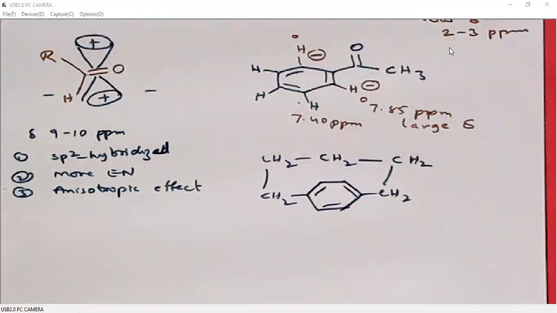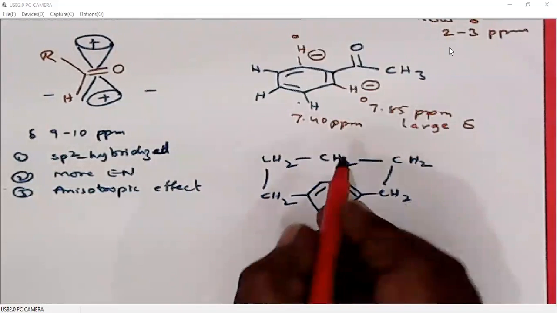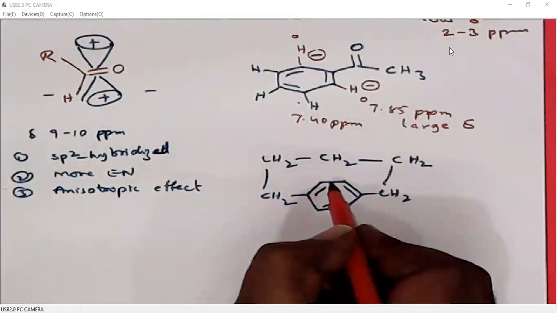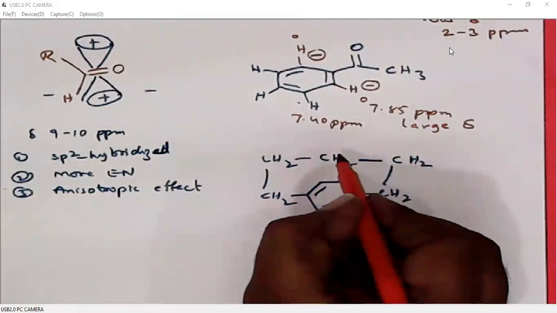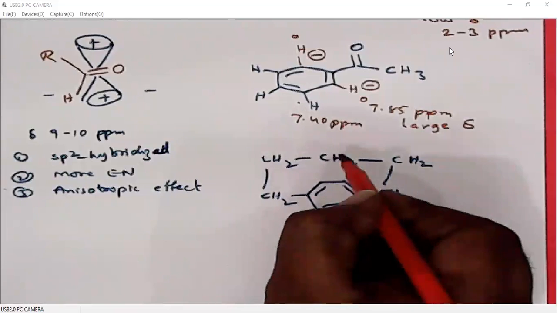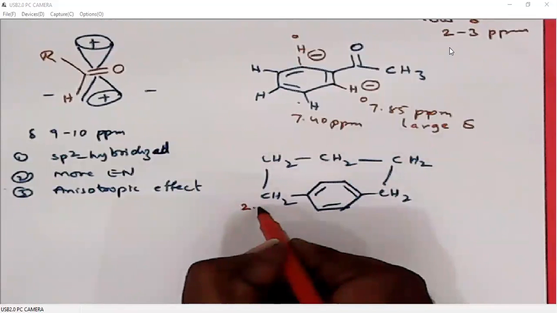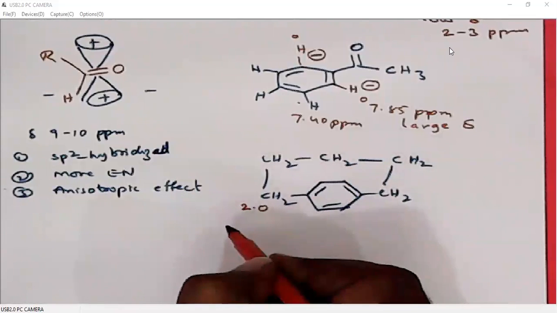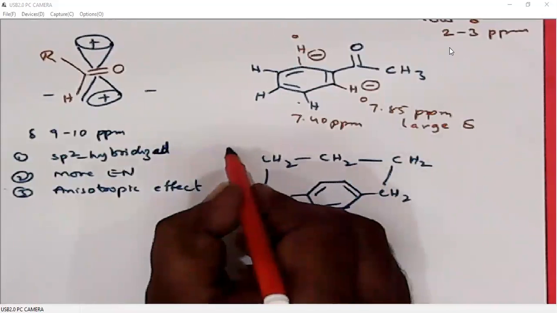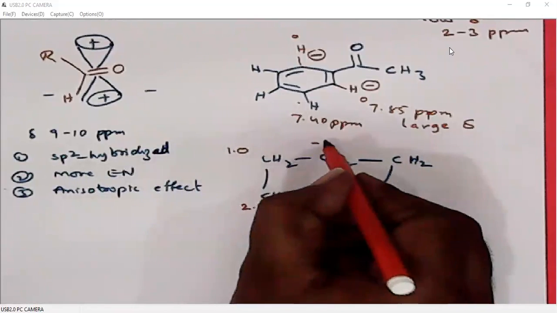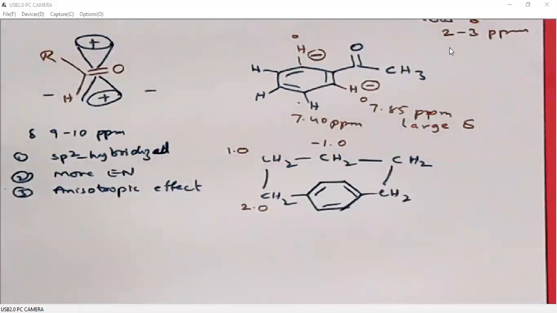When we look at this molecule, see this methylene group, it is exactly above the benzene ring. So that means it is exactly in the de-shielded region. Sorry, it is exactly in the shielded region. These benzylic protons will generally appear between 2 to 3. And the next one, of course, it may be 1 to 2. But this one particularly will appear at -1.